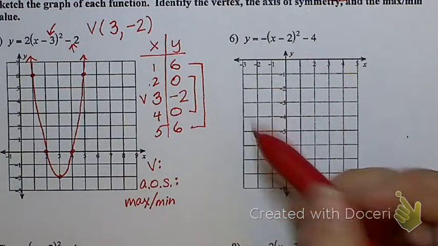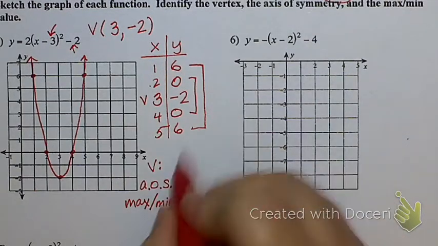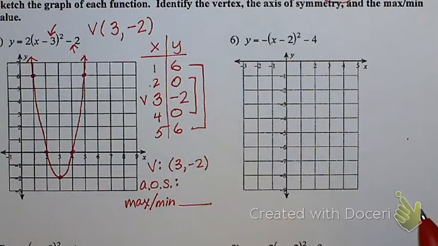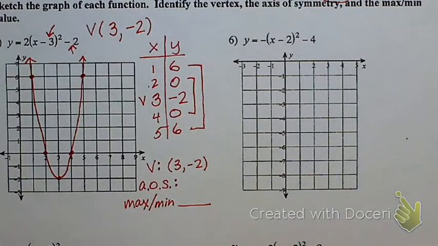Okay? All right. So my vertex was what? 3, negative 2. What's my axis of symmetry? I didn't draw it in. I need to draw it in. 3. And what's my rule about drawing it in? Different color, highlighter, or if you don't have those, dotted line. Cannot be a solid line, because if you put it as a solid line, you're saying it's physically a part of the parabola.